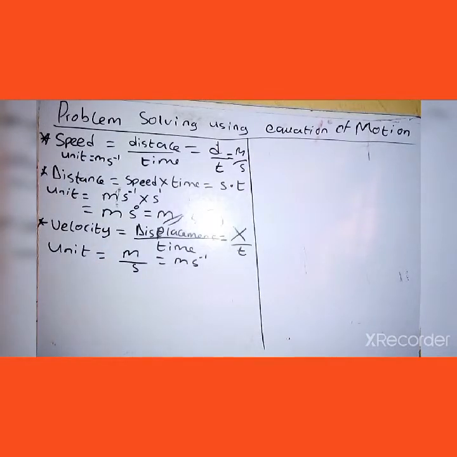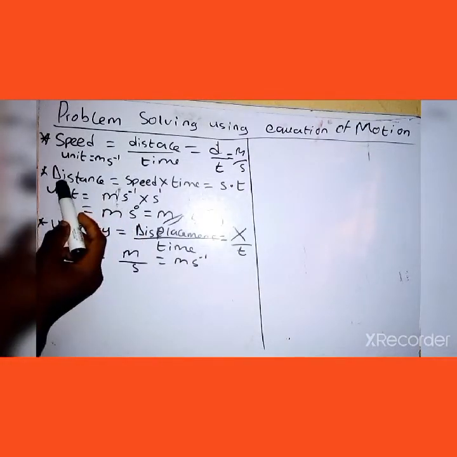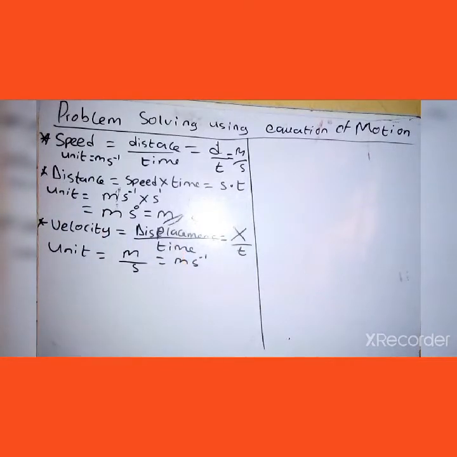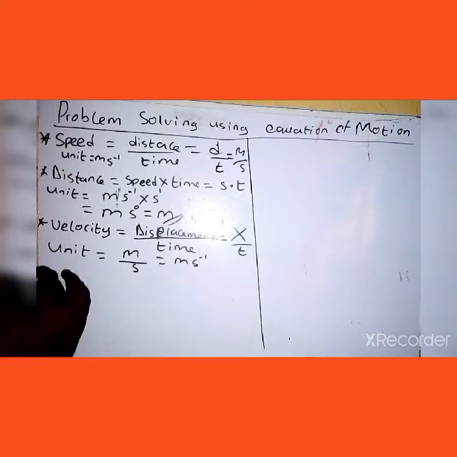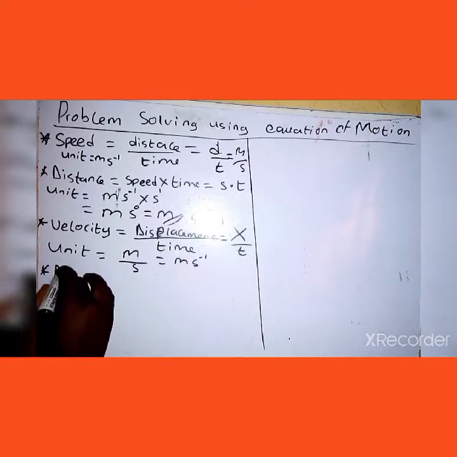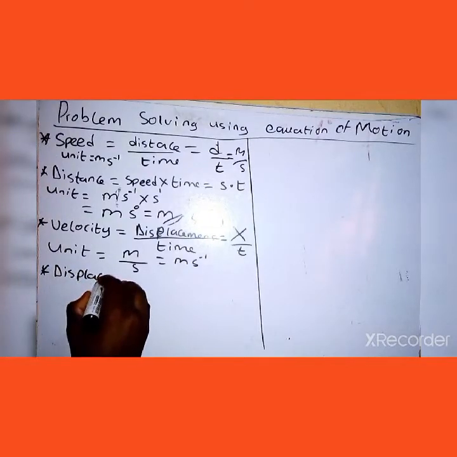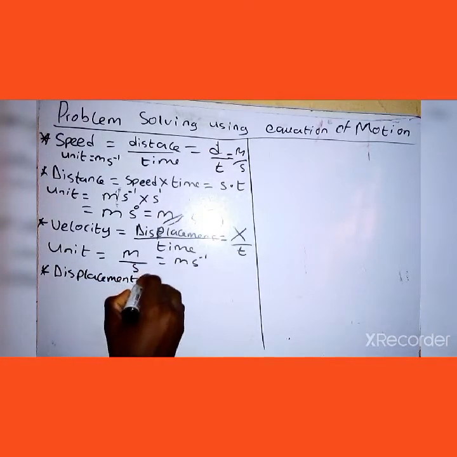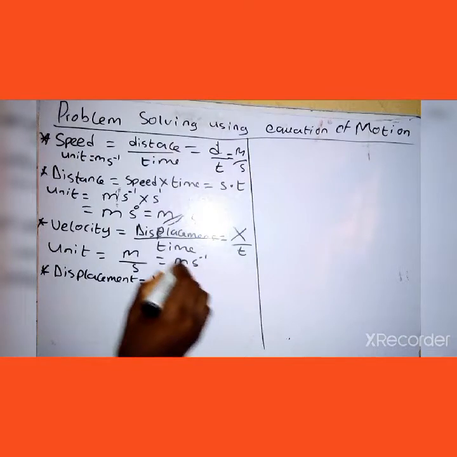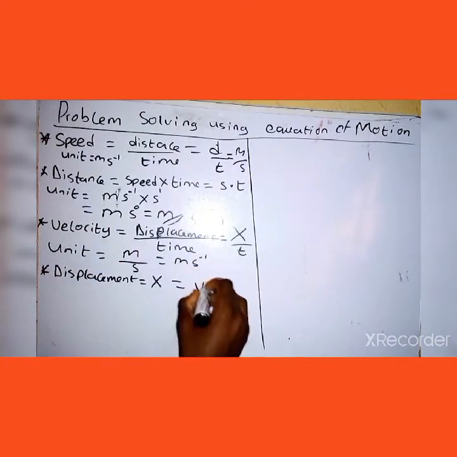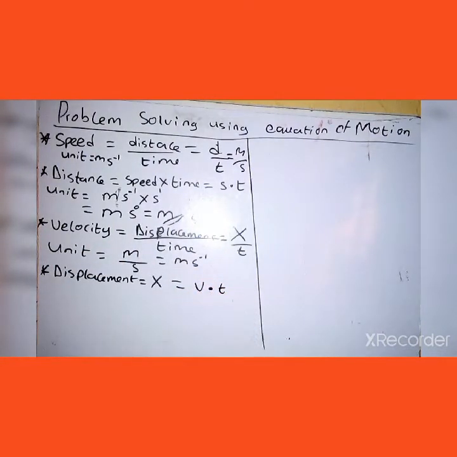This is the unit of velocity, unit of speed, meter per second. Also the unit of distance is meter, and the unit of displacement too is meter. So we can get the formula for displacement: x equals velocity times time, v t. We can also use this formula for distance, since they have the same unit.